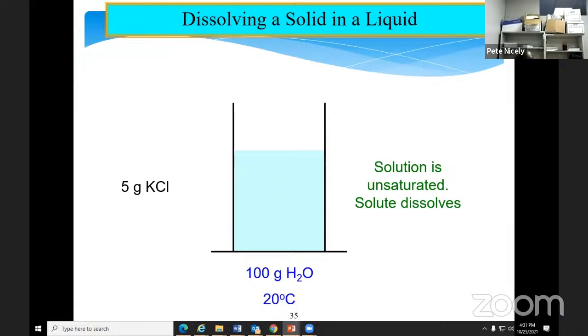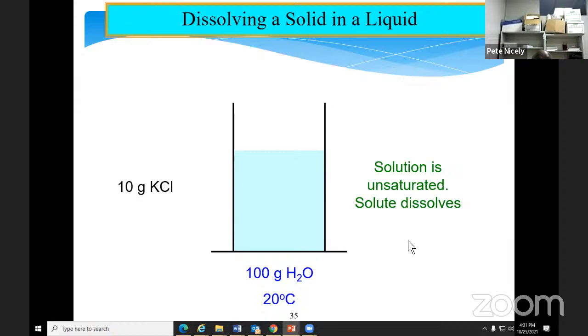So let's look at what happens in the formation of a specific solution. Now in this solution, what we're doing is making a solution of potassium chloride in water, all right? So you'll notice you have 100 grams of water here, and the temperature of the water is kept at 20 degrees, all right? So therefore, you're going to first add 5 grams of potassium chloride to the 100 grams of water, and that would be a solution, right? And then you add 10 grams total of potassium chloride, and that 10 grams will dissolve as well.